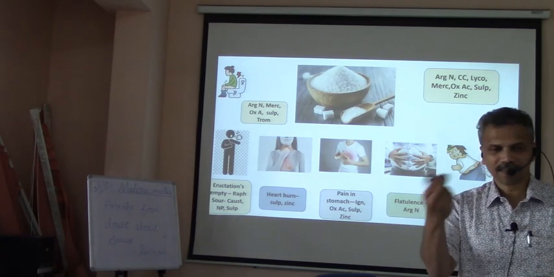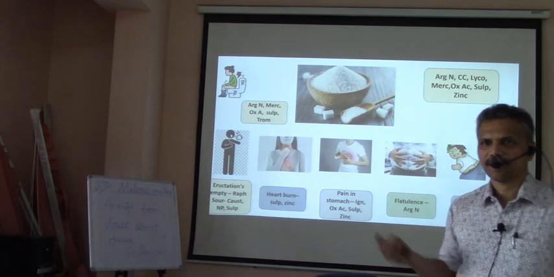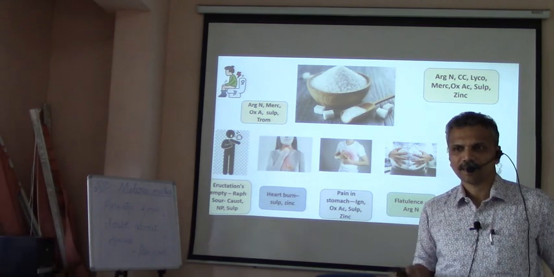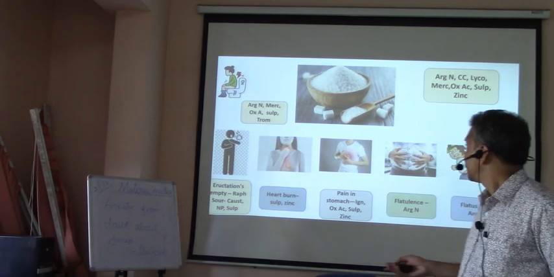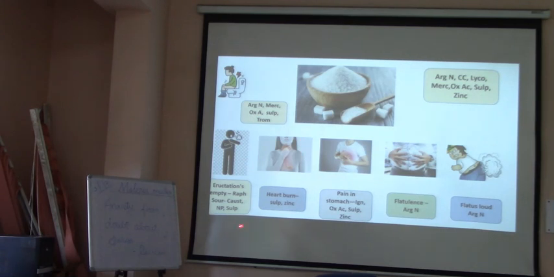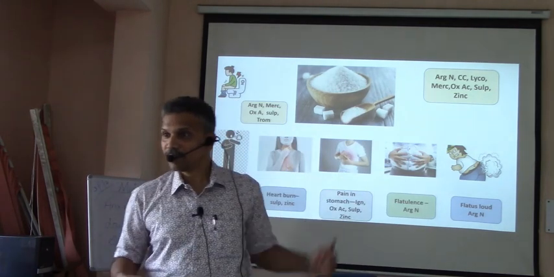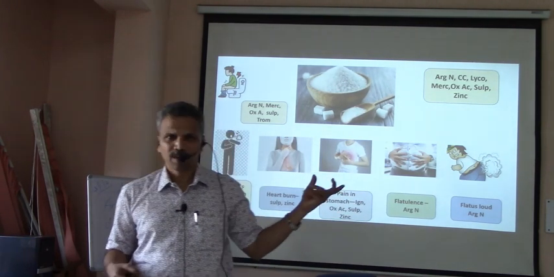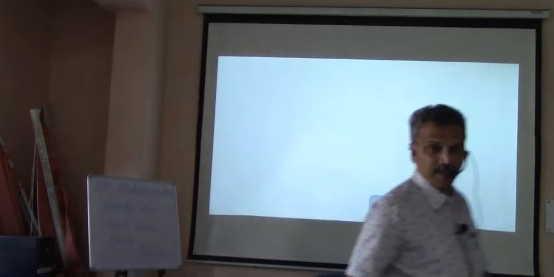Rare remedy, as an assignment, you can refer Boericke, Clarke, and try to have a small picture of this particular remedy. Okay? So this is all the remedies and what these remedies are capable of causing because of sugar.